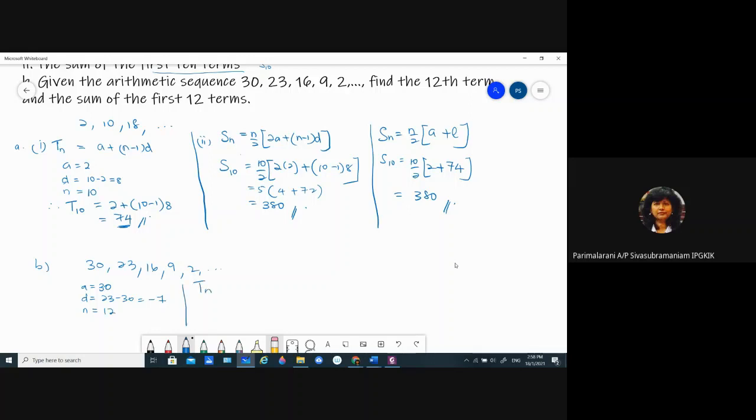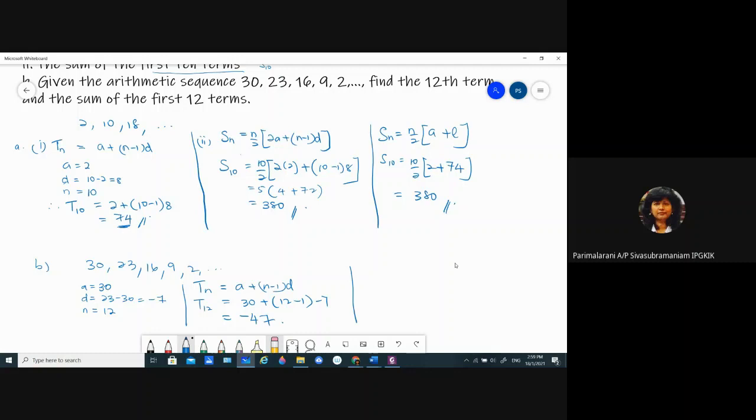Therefore Tn is a plus n minus 1 d, and we're looking for T12. a is 30 plus n is 12 minus 1 times d is negative 7. So this is negative 47. We have found the 12th term. Now we want to find the sum of the first 12 terms.